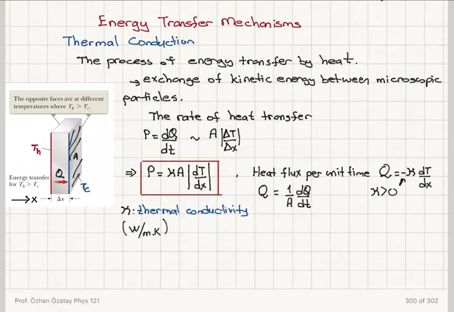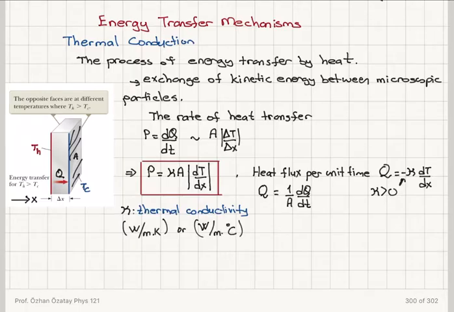That's because I have meters squared in the area, so that turns into meters. So watts per meter Kelvin, or it can be given as watts per meter degrees Celsius, one or the other.